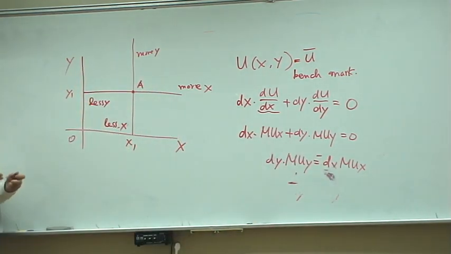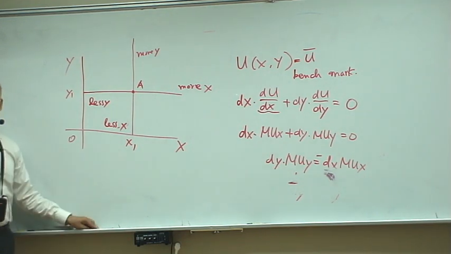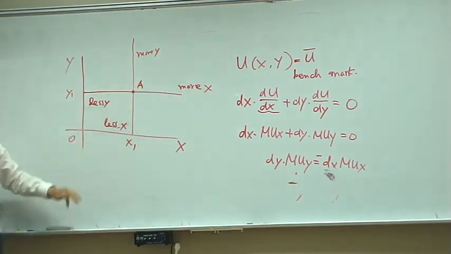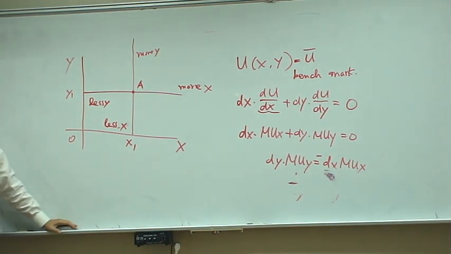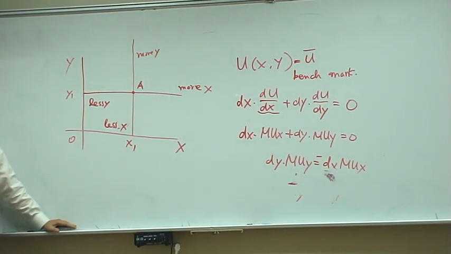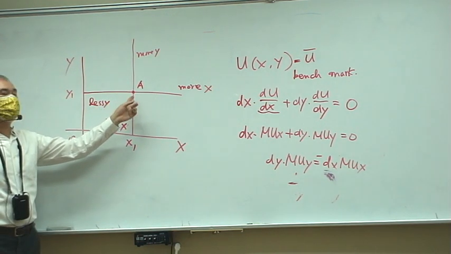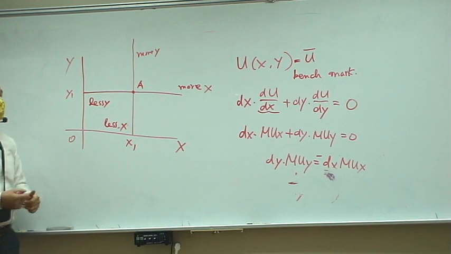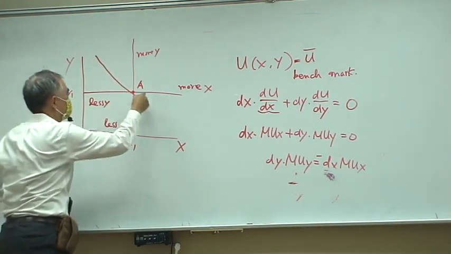So what happened? You feel worse off. So here you are better off, and here you are worse off. So if you want to find something with the same satisfaction level as A, it has to be something like this.